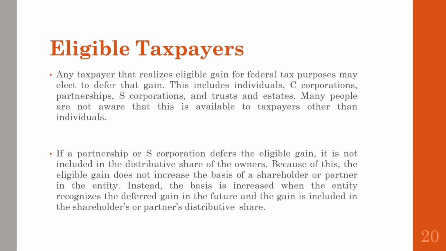When the gain is included in the distributive share of the owners, that gain increases the basis of the owners, right? And again, typically it's in the year where the gain occurs. But in this situation, because the gain's deferred, you don't actually get an increase to the basis for the shareholder until that deferred gain is actually recognized in the future. That's the point where it's included in the distributive share. That's when it increases the shareholder's basis.